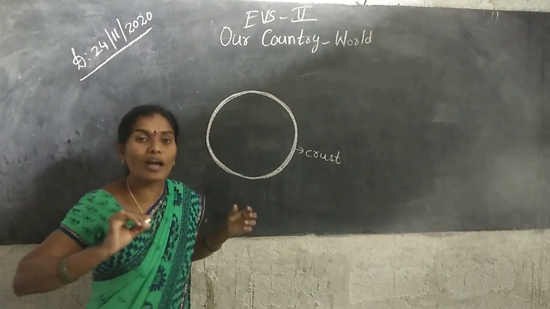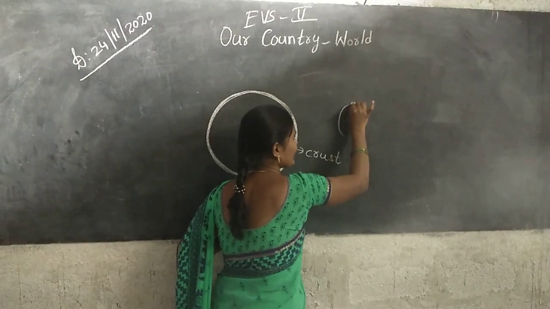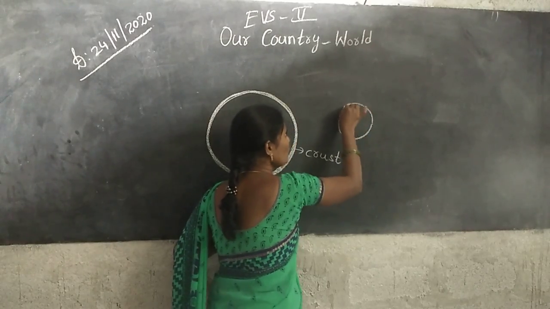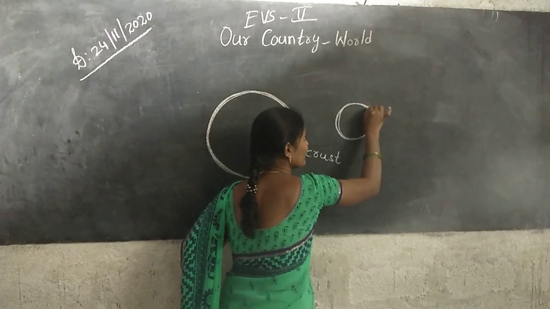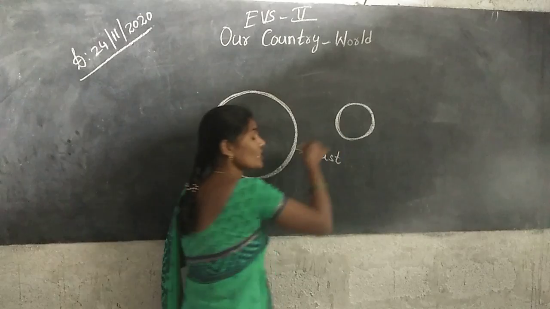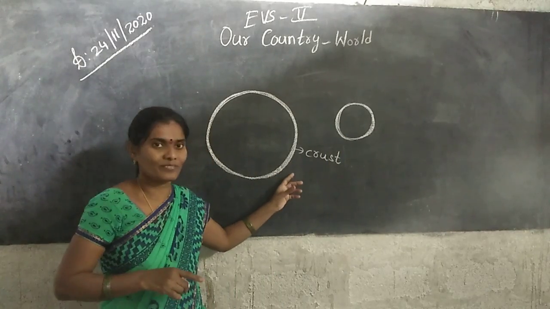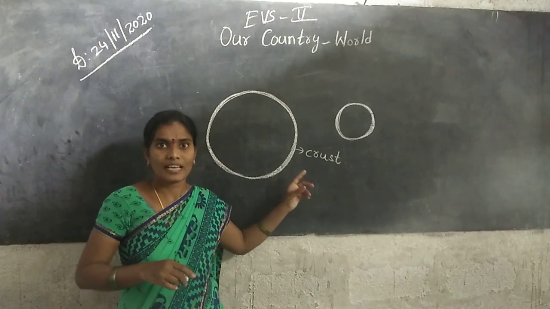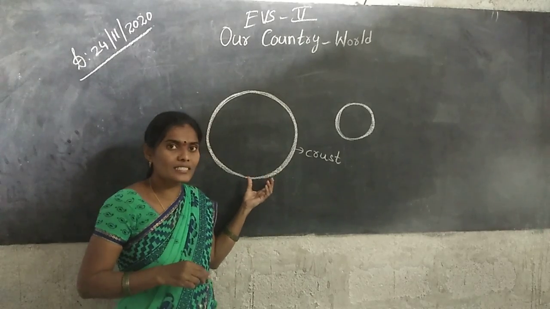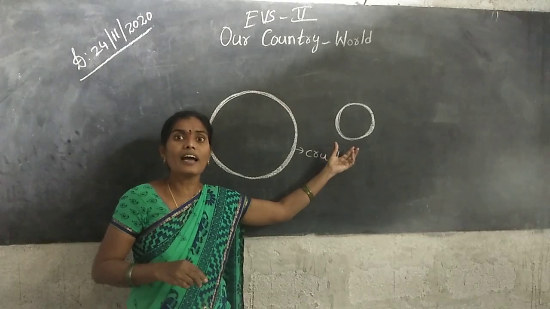If you observe an egg, take an egg. Suppose you take an egg, there is an egg shell on the outside, isn't there? Egg shell is like the crust of the earth. Our earth layers are compared with the egg.